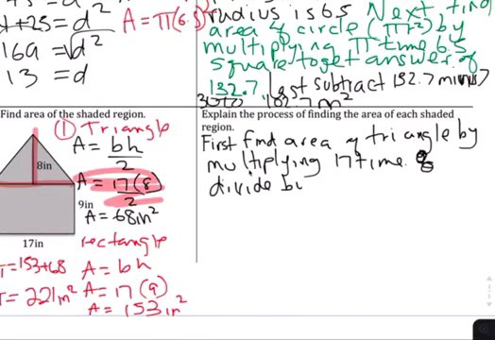Divide by 2 to get 68 inches squared. Next, this is number 2, rectangle.